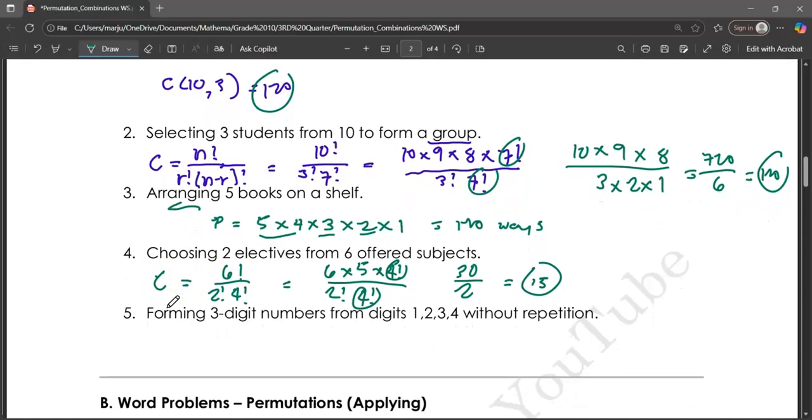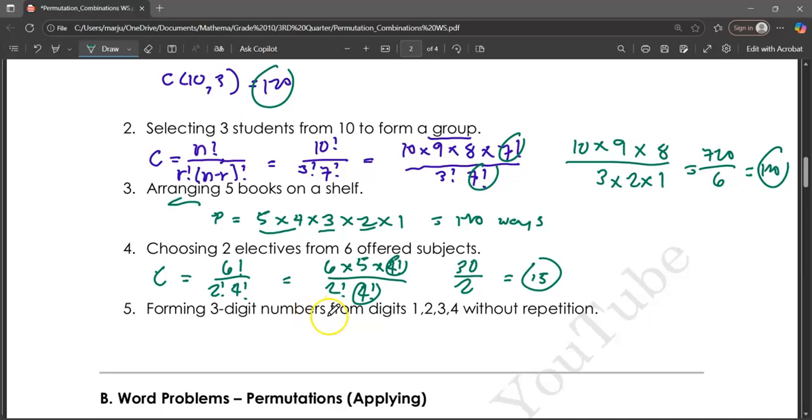Let's do number 5. Forming a 3-digit number from digits 1, 2, 3, 4 without repetition. So it's without repetition, and order does matter. We have a 3-digit number. In the first place, how many digits are our options?